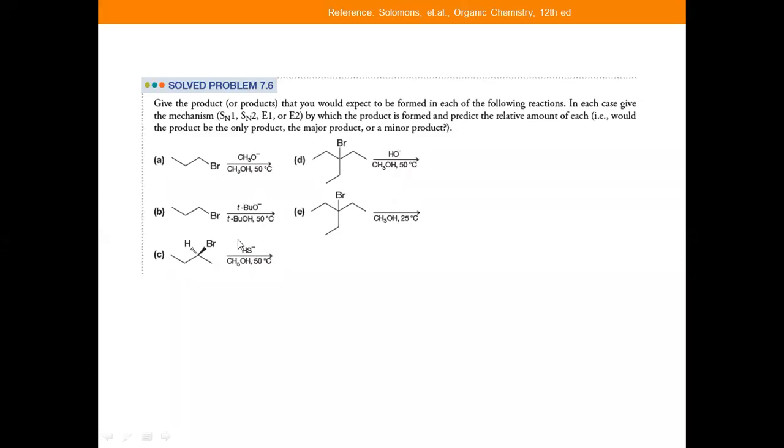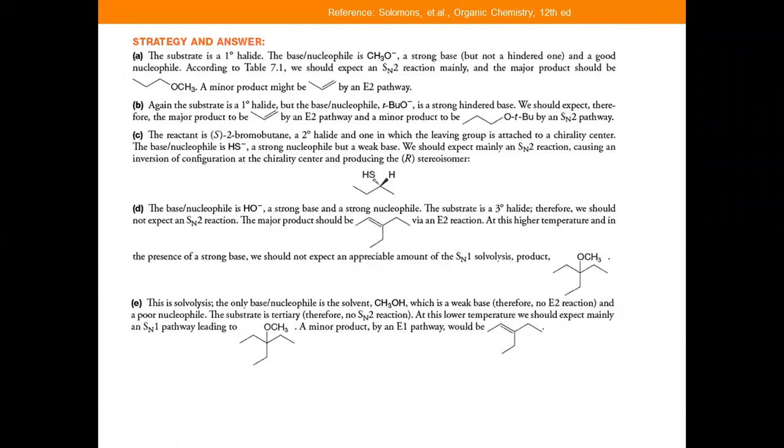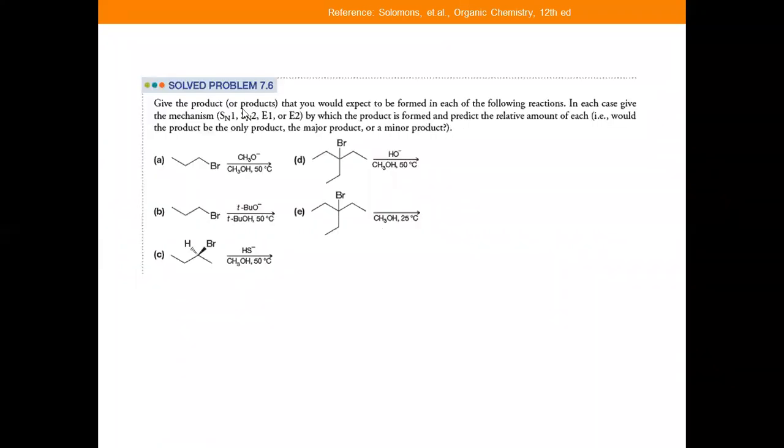When you have a weak base, it doesn't follow the elimination, but the substitution reaction. So you have the SN2 reaction, substitution reaction. You always have to remember when you have a weak polarizable base, it doesn't follow the elimination reaction.